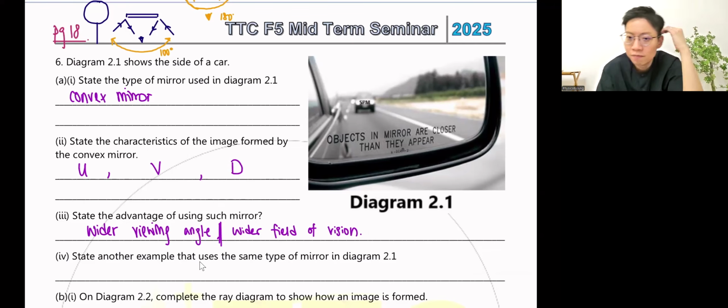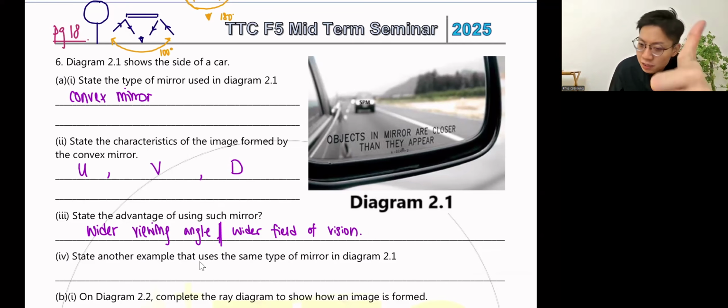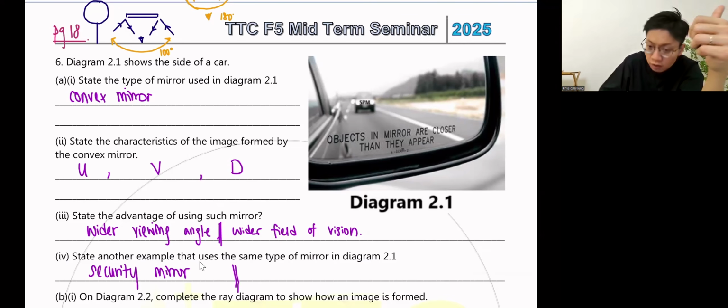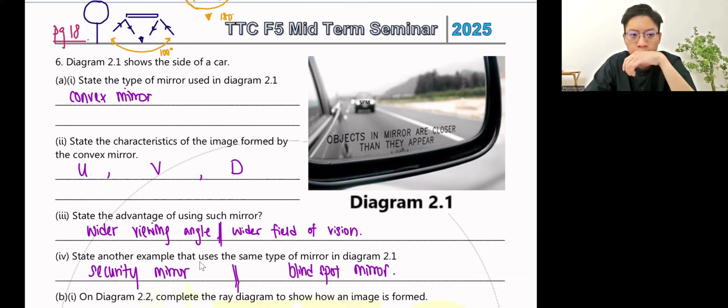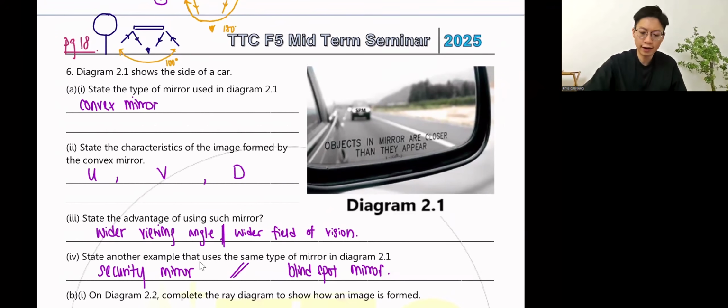Okay, you can call that a blind spot mirror. You have two choices here: we can call it a security mirror, or we can call it a blind spot mirror. So therefore, that's the whole idea of this.